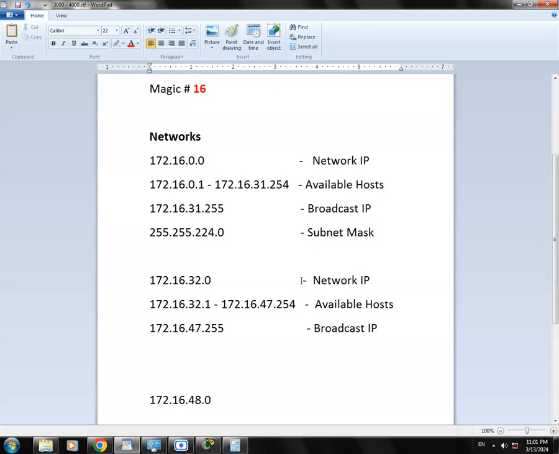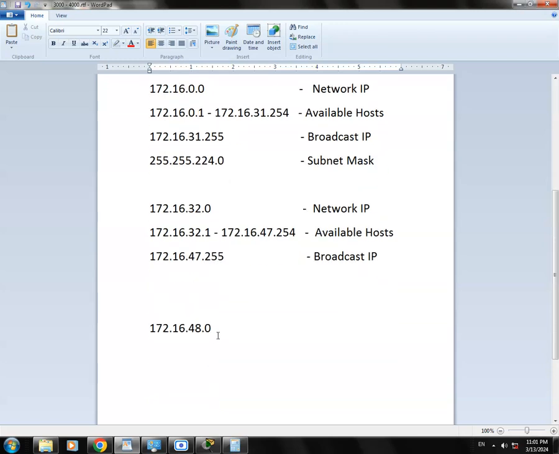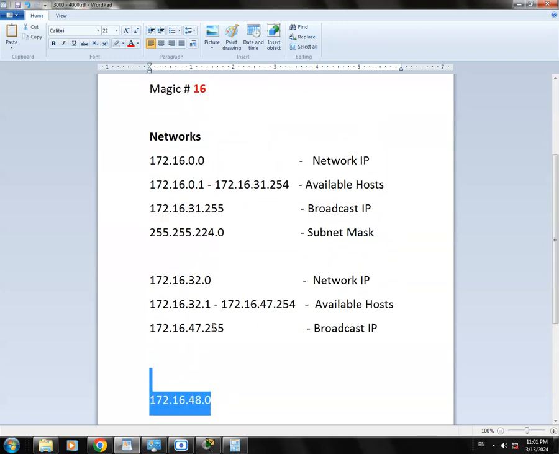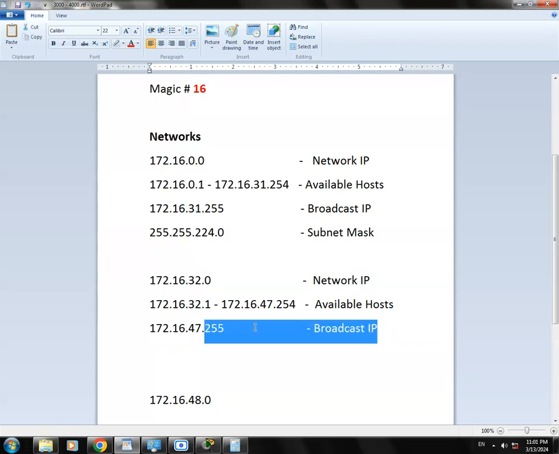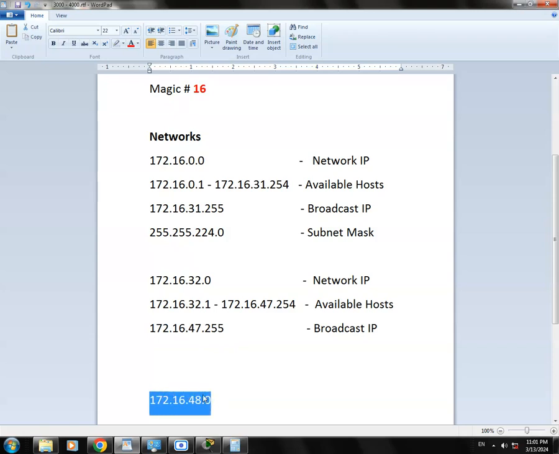Hope you guys can follow. We actually don't need this, because we are only allowed to create the 5,000 hosts and the 3,000 hosts. We just create this next network so that we can easily identify the broadcast IP address, since we know that after this broadcast IP will be the IP address of the next available network.